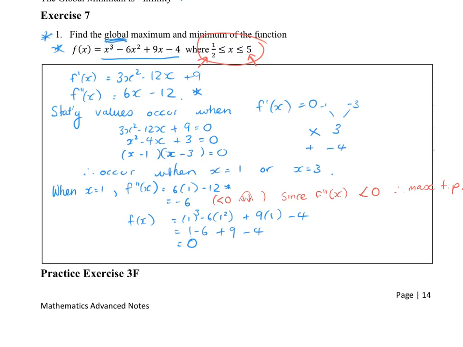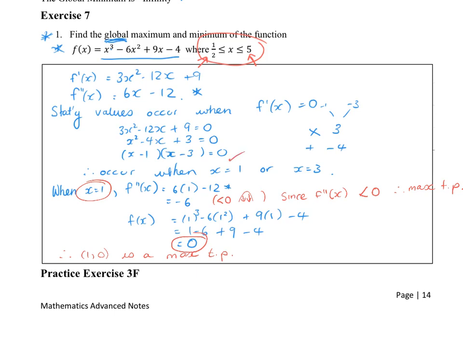So what's the coordinate? 1, 0, so therefore 1, 0 is a maximum turning point.